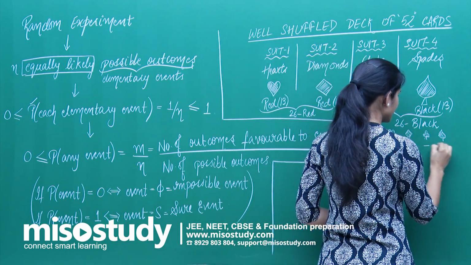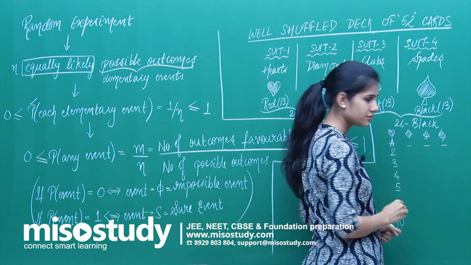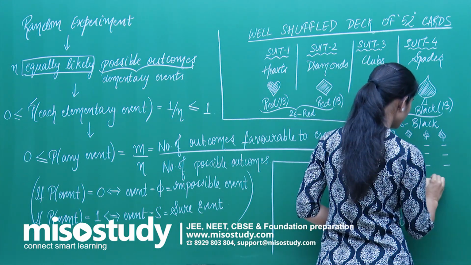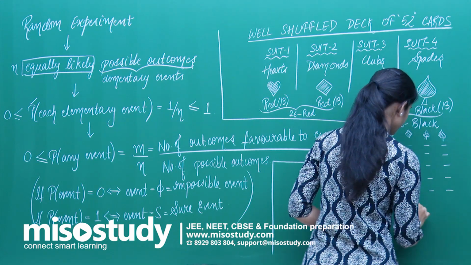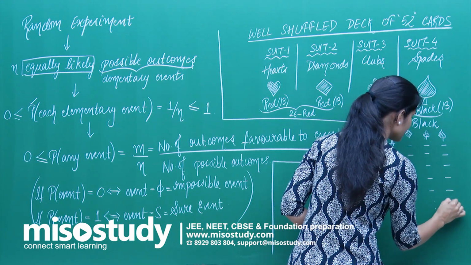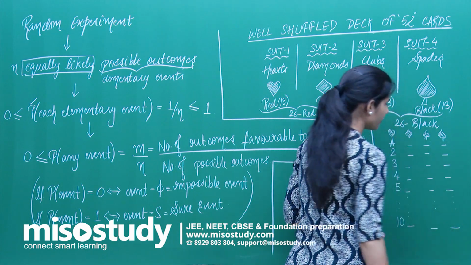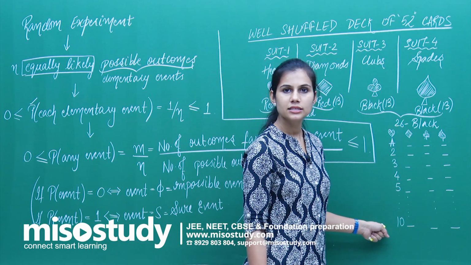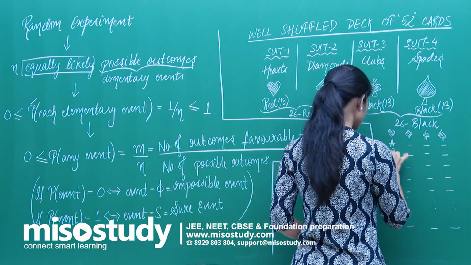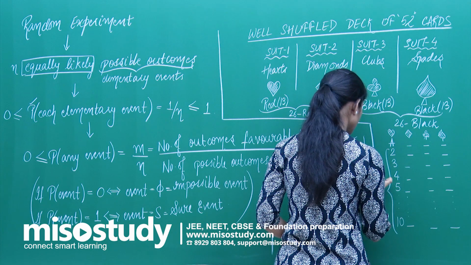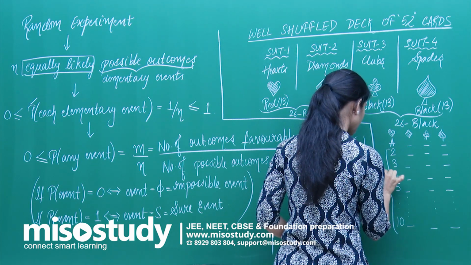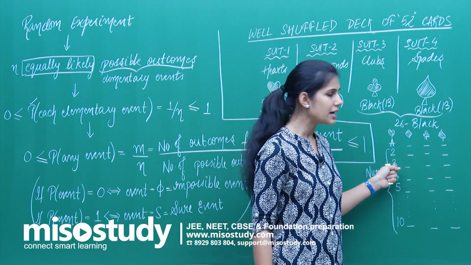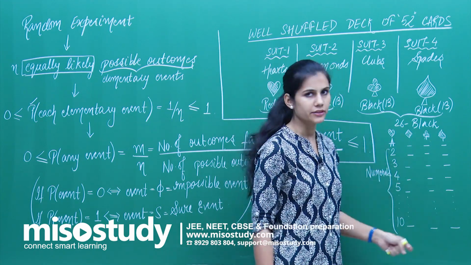So ace of every suit, 2 of every suit, 3 of every suit, 4 of every suit, 5 of every suit, and so on like this, 10 of every suit, right? These are your 10 cards. We call these numerals.